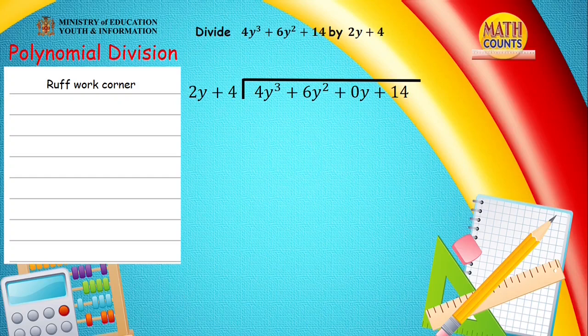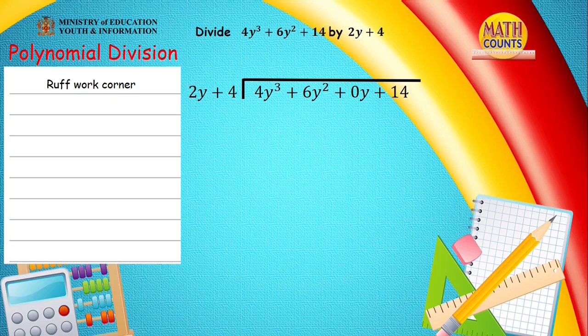When I set up the problem for long division, I included 0y. This is very important because if you don't remember to include your 0y term, either for polynomial long division or synthetic division, it will make your answer incorrect.